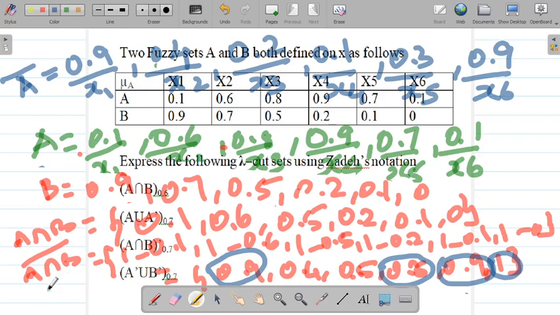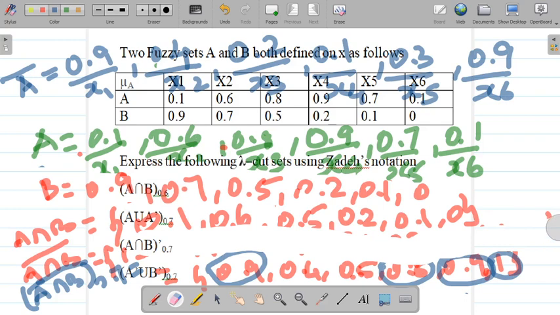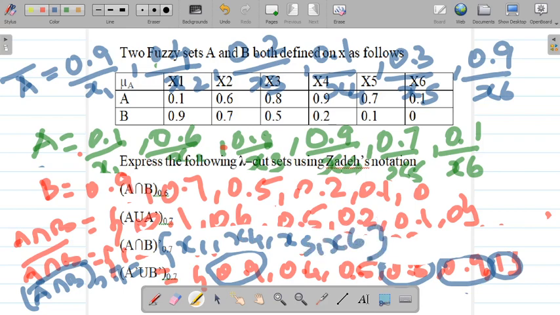So the answer for A intersection B the whole bar with lambda cut 0.7 is x1, x4, x5, x6. Okay, got it?